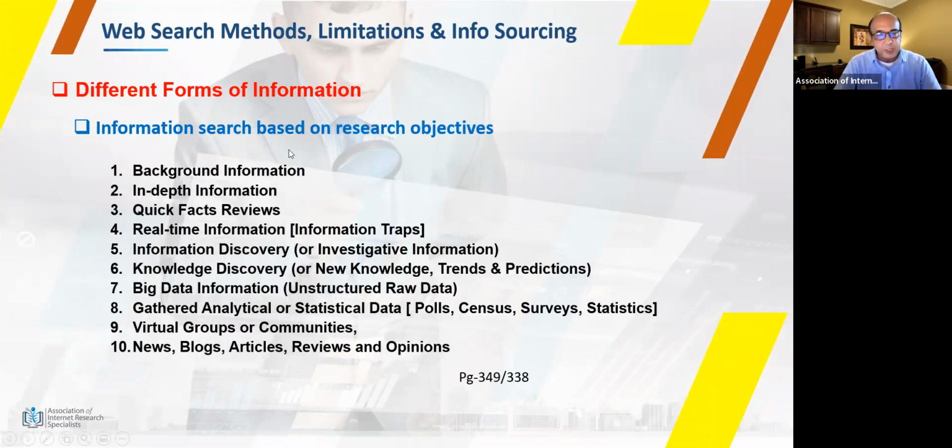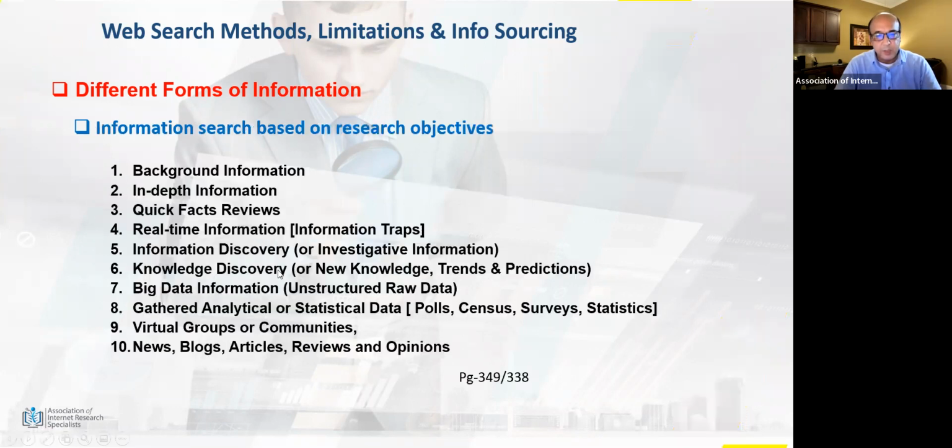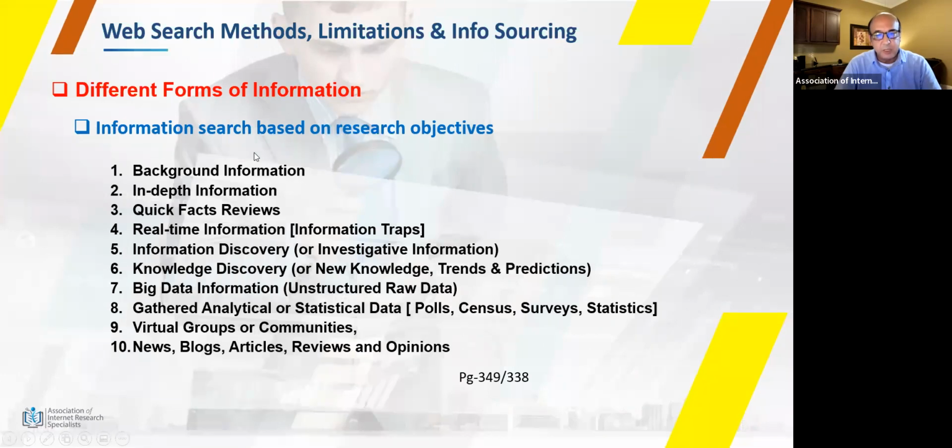So information that is talking about basic background, or how much detail you need. The first and the second point are actually dependent on the type of information. So there could be background information that is required, normally between 1 through 10.